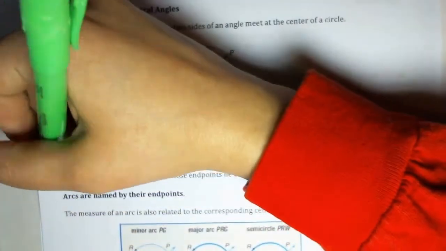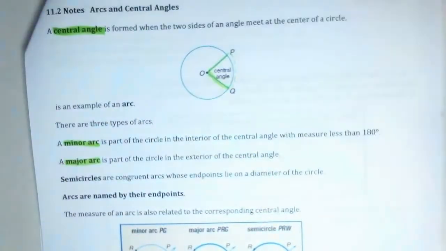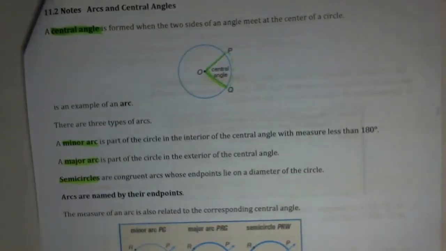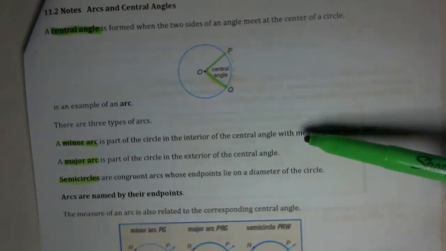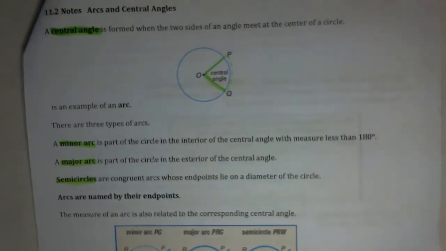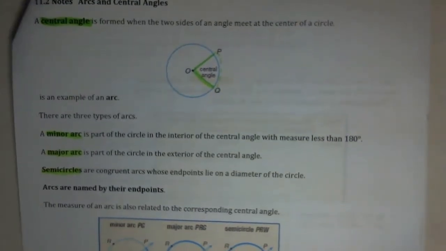A major arc is part of the circle in the exterior of the central angle. And semicircles are congruent arcs whose endpoints lie on a diameter of the circle. These definitions are a little confusing, but they'll make more sense once we see them in action.